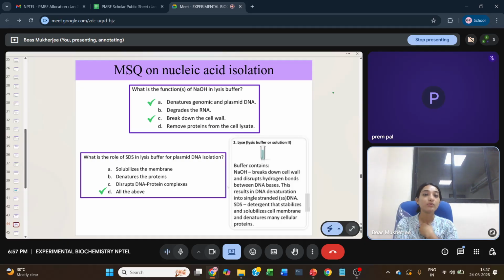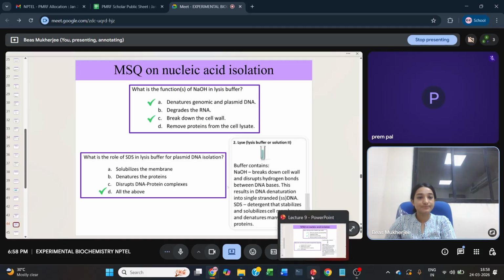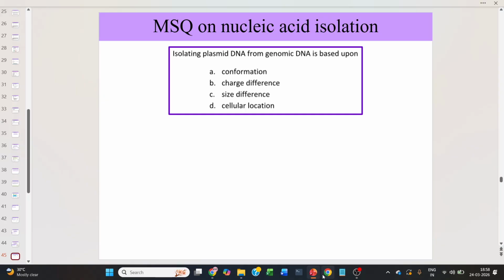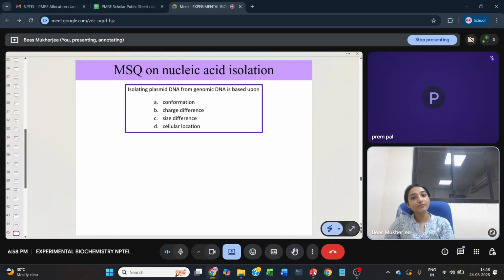Now, lysis buffer contains NaOH, which breaks down the cell wall and disrupts hydrogen bonds between the bases. This results in DNA denaturation into single-stranded DNA. SDS destabilizes and solubilizes the cell membrane and denatures many other cellular proteins. Isolating plasmid DNA from genomic DNA is based upon conformation, charge difference, size difference, and cellular location.